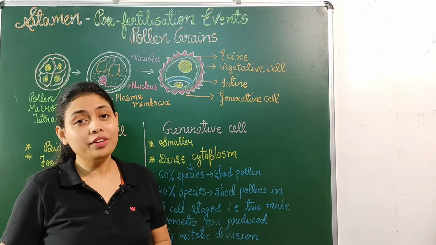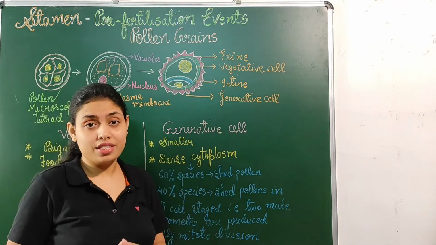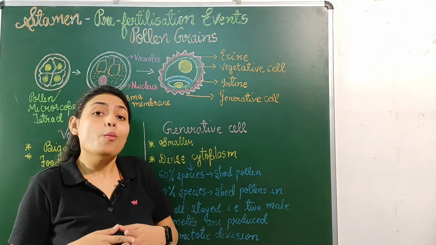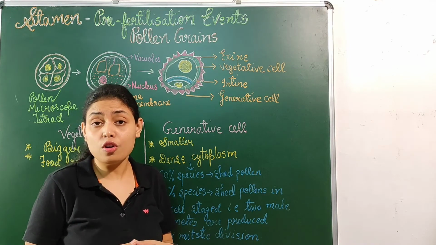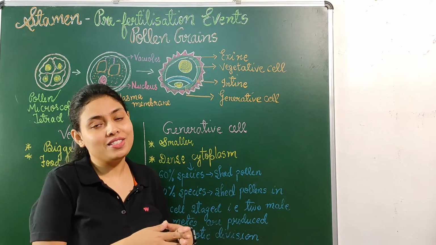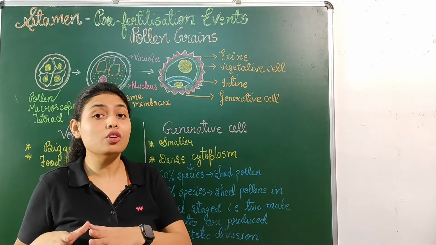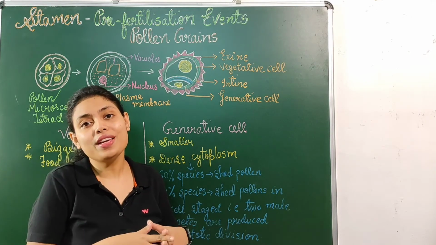When a pollen grain has 2 cells, vegetative cell and generative cell, this stage is known as 2-cell stage. Most of the angiosperm plants, or I should say 60% of the plant species, shed pollen grain at this stage, whereas the remaining 40% of the plant species shed pollen grains in 3-cell stage.